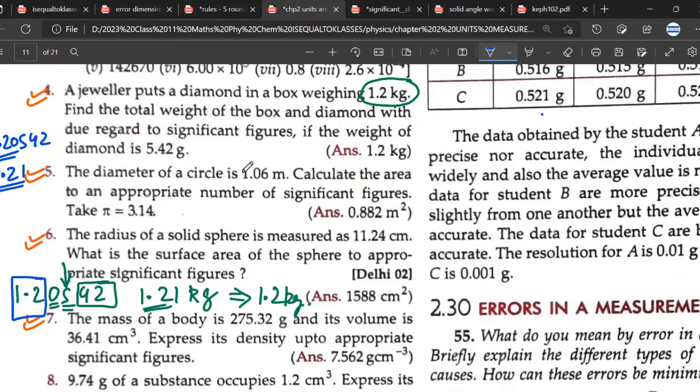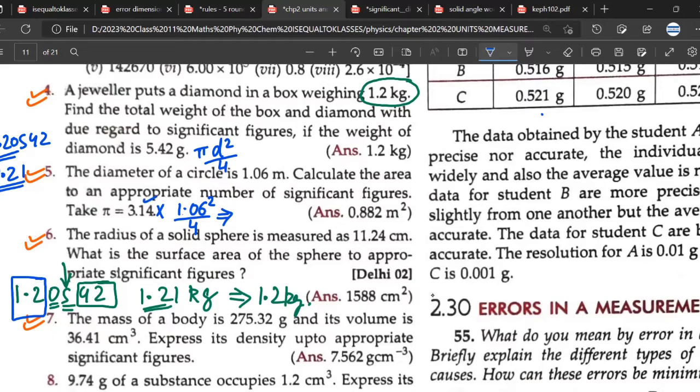The diameter of a circle is 1.606 meter. Calculate the area to an appropriate number of significant digits. So my formula would be, because this is the diameter, pi d square by 4. So 3.14 into d square, 1.06 divided by 4, and a square of this. Are we clear, Avantika?